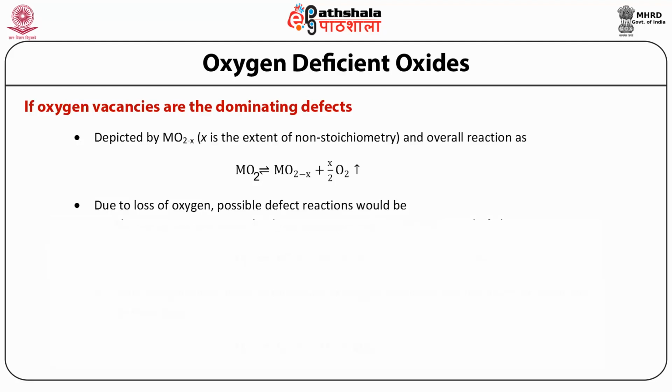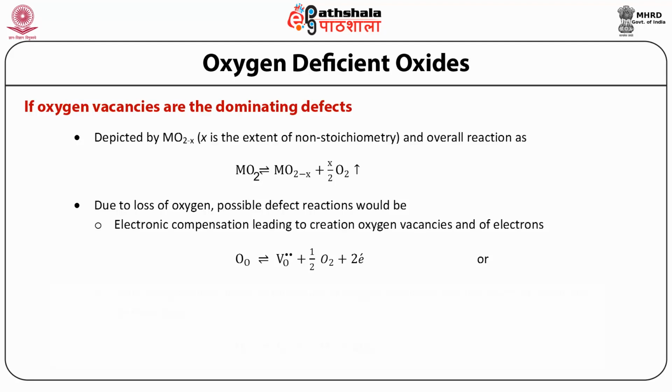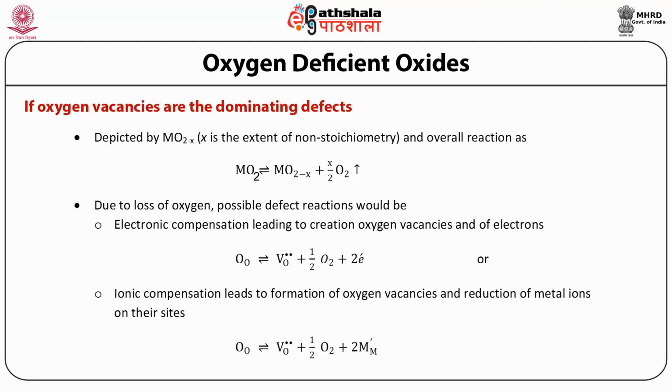Due to loss of oxygen, possible defect reactions would be: first is electronic compensation leading to creation of oxygen vacancies and of electrons. The guiding reaction is O_O gives V_O double star plus 1 by 2 O2 plus 2 electrons.